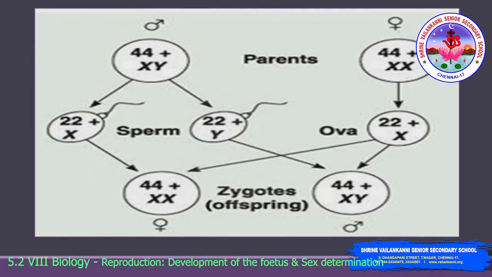If the gamete from the father has an X chromosome, the baby will be a girl with an XX combination of chromosomes. Whereas if the gamete from the father has a Y chromosome, the baby will be a boy with an XY combination. This shows that the sex chromosome in the gamete that comes from the father determines the sex of the child.